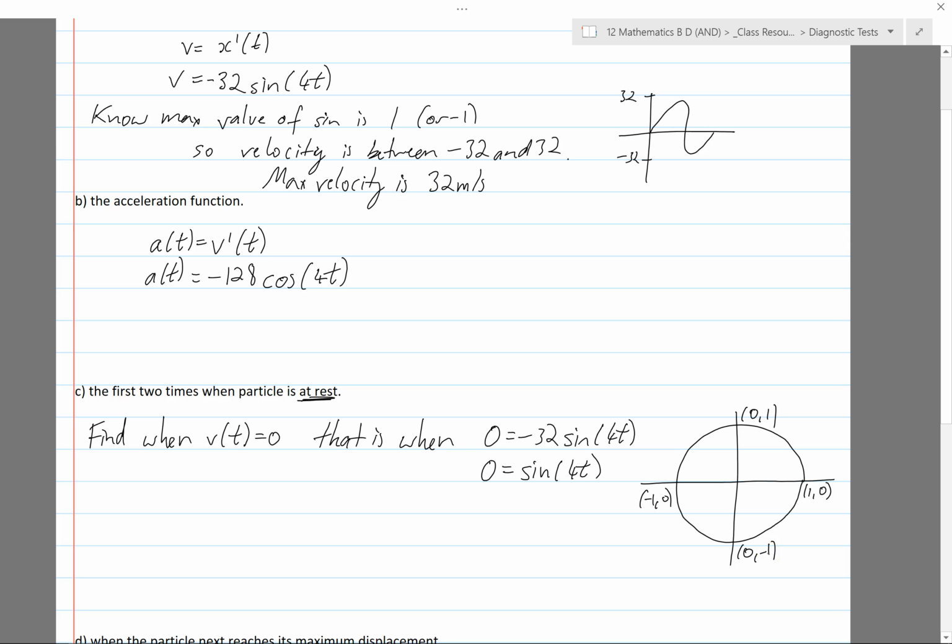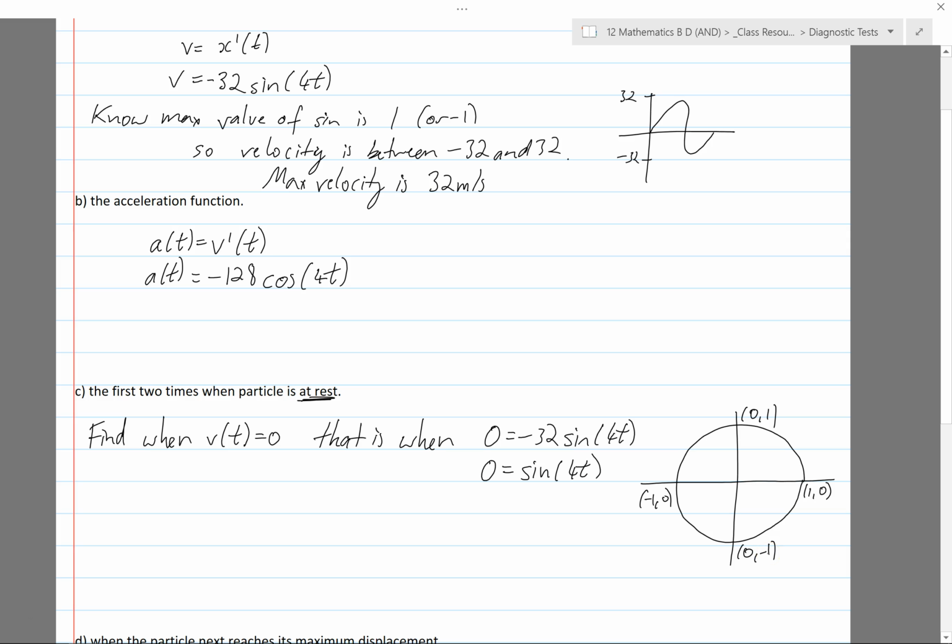Okay, so I put an 8 in here. 8 goes 4t. I'm then looking at where does cosine 4t equal 1. And I can do the same thing with a negative 8. Okay, where does cosine 4t equal minus 1?